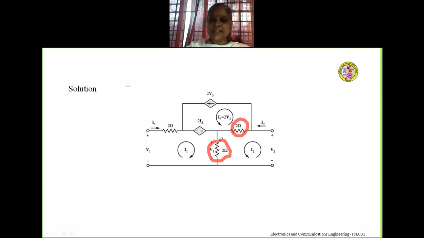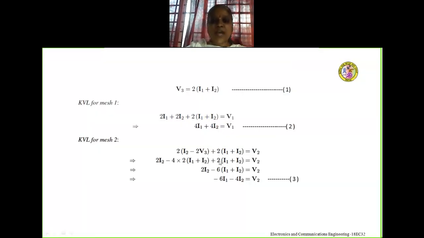Applying Kirchhoff's voltage law to this loop, we get 2 times (I2 minus I3) plus 2 times (I1 plus I2) is equal to V2. Replacing I3 as 2V3, taking 2 inside the bracket and simplifying, we get minus 6I1 minus 4I2 is equal to V2. Let's call this equation number 3.